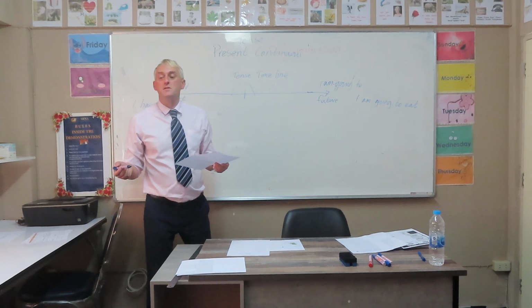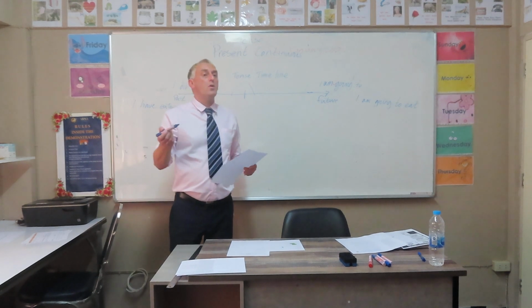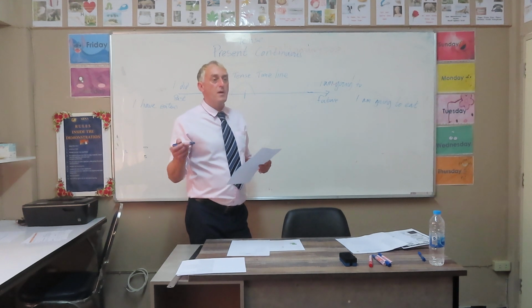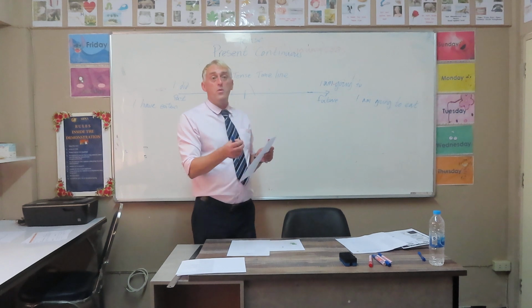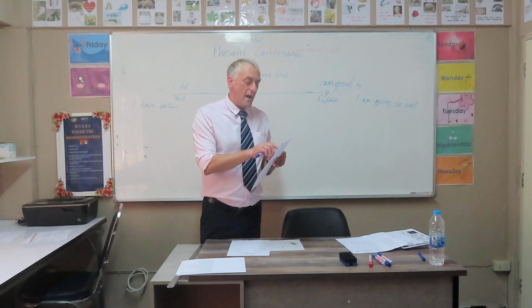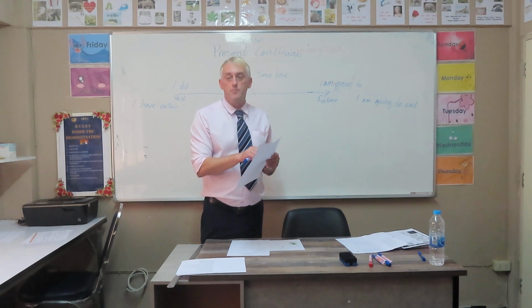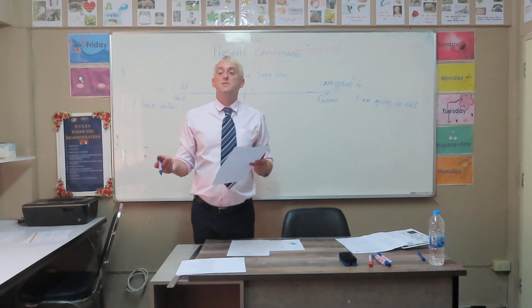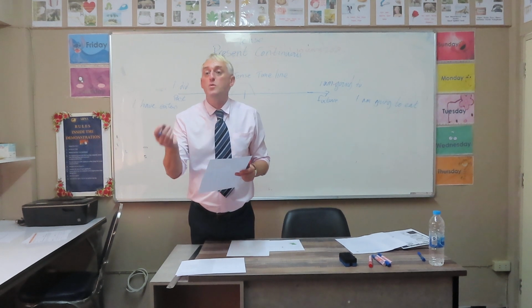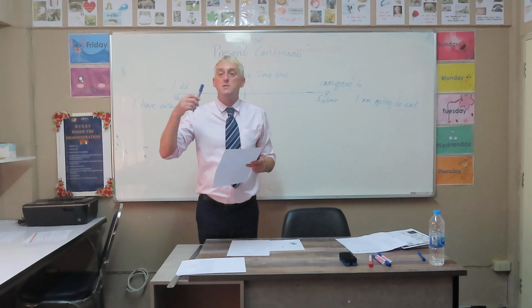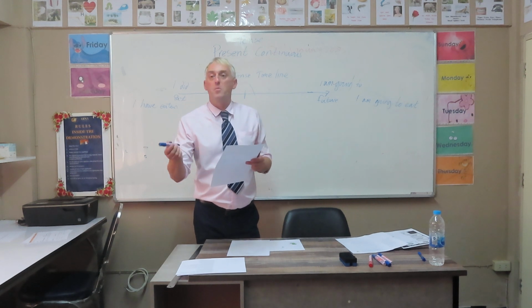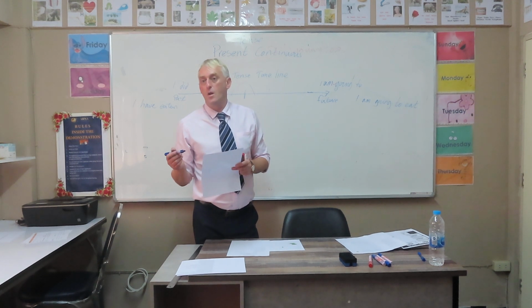She's wearing a black suit. Okay, but what question will this require? What question would you ask to get this answer? She's wearing a black suit. What question would you ask for someone to be able to respond to you? She's wearing a black suit. Okay.